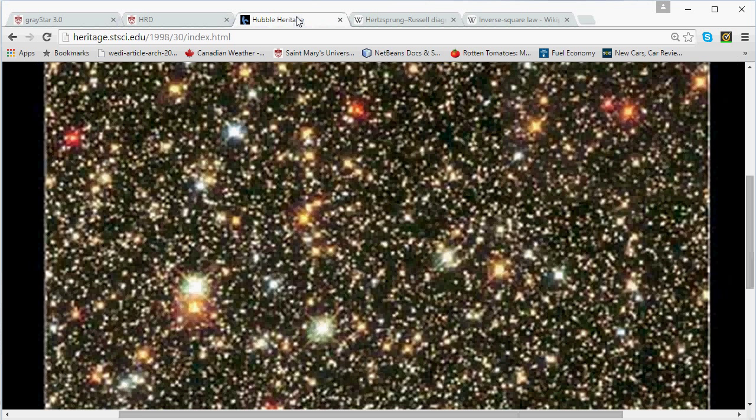So first of all, what does it mean for a sample of stars to be representative of the total population? Well, that means that each type of star that's present in the total population is also present in the sample. And it also means that if a certain type of star is very abundant in the total population, then it's also relatively abundant in the sample.